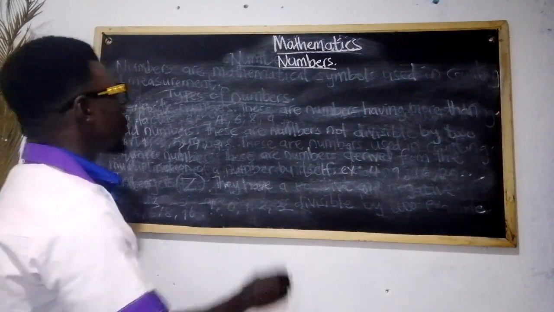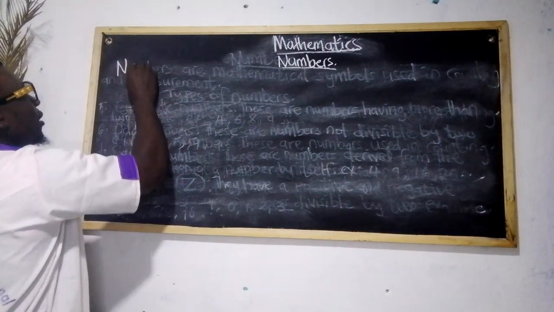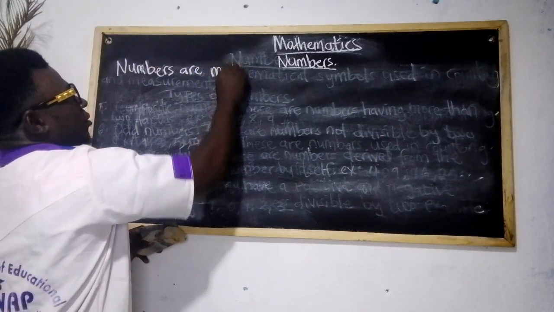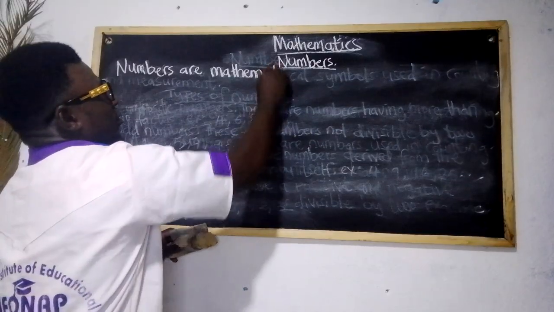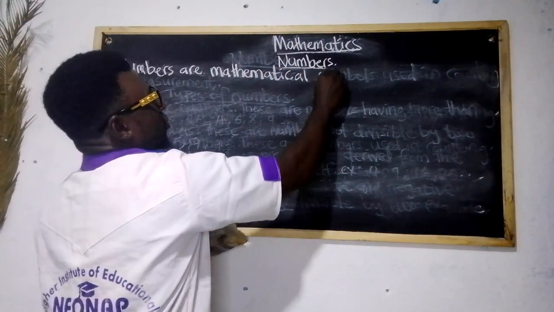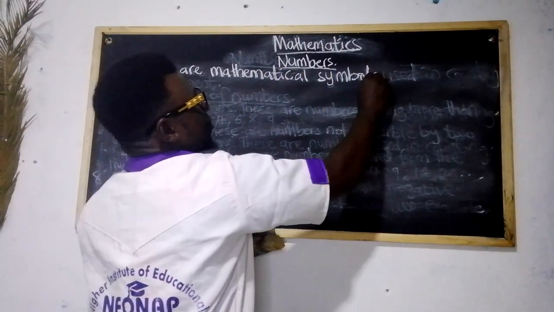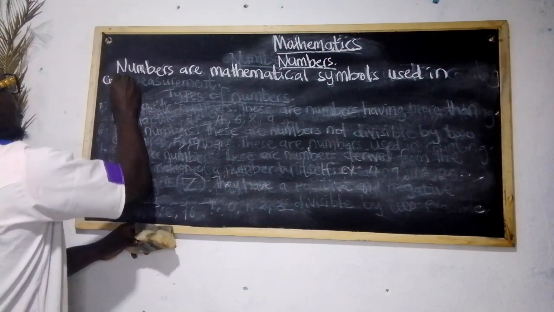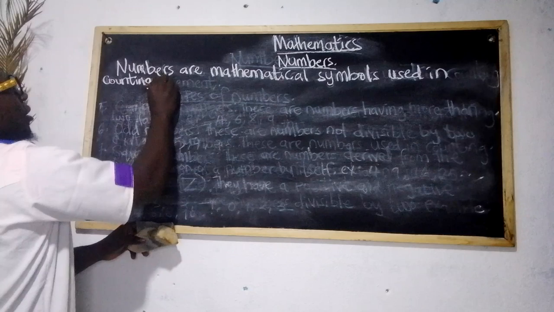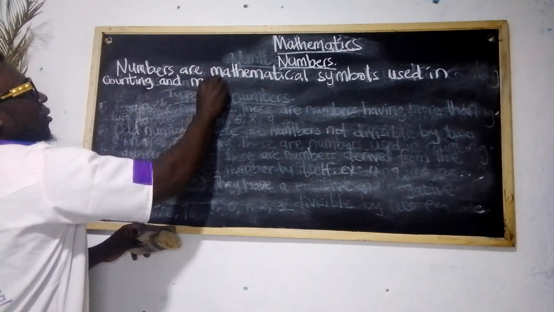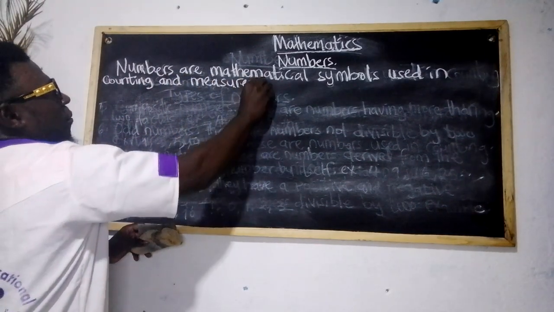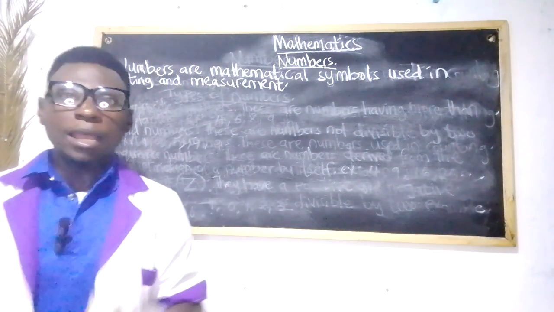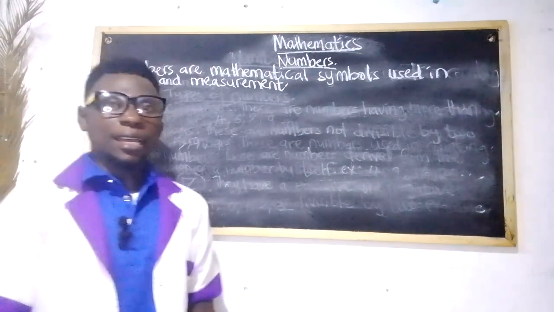Numbers are mathematical symbols used in counting and measurement. So that is what numbers is all about: mathematical symbols used in counting and measurement.